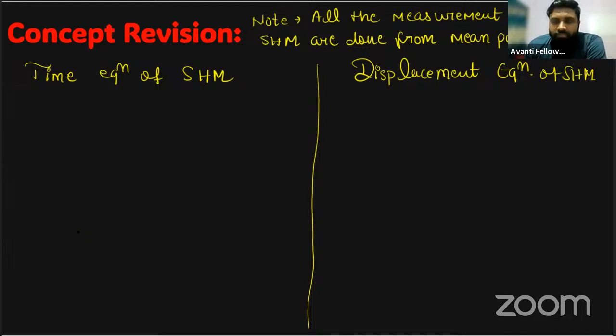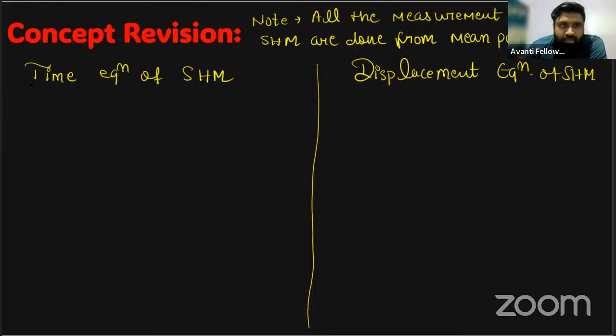We always measure the distance, the energy, or the velocity from the origin, and the origin in SHM is the mean position.